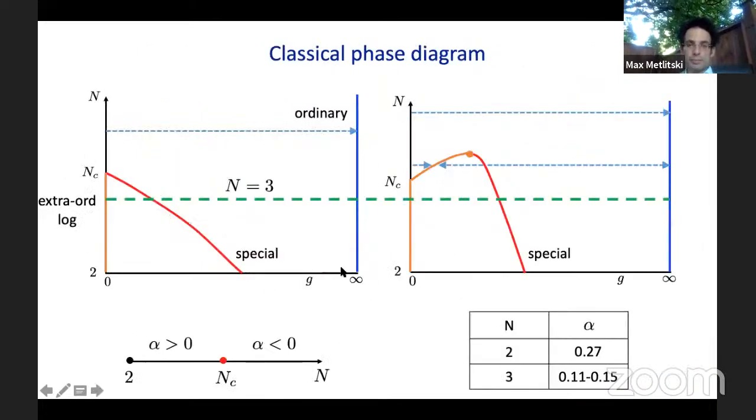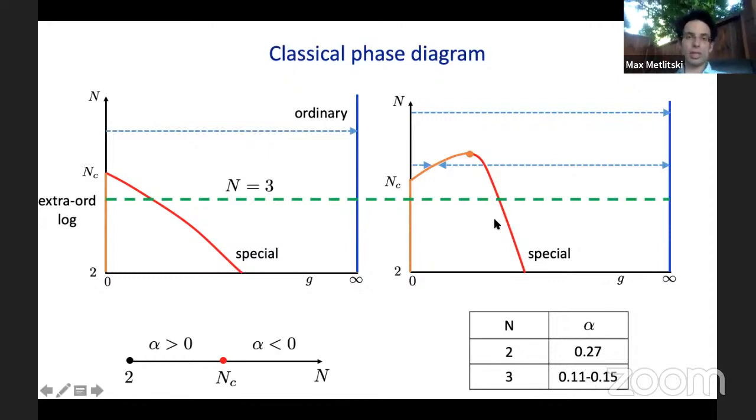Now remember, in our analytical considerations, alpha had to change sign as n increases. So alpha has to decrease as n increases, and indeed this is what's numerically seen. Alpha decreases from n equal to 2 to n equal to 3. So everything so far is consistent with the analytics.